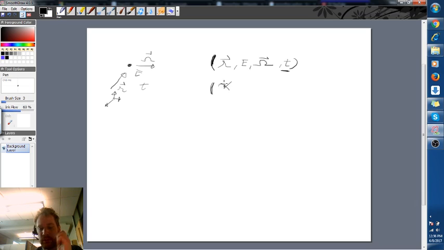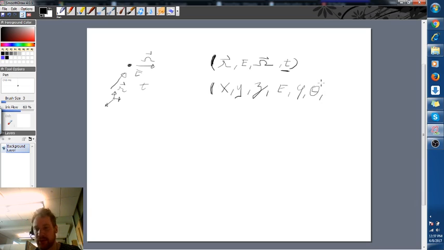We have our 3 position variables, our energy, and, if we're talking about spherical coordinates, our phi and theta, and time.